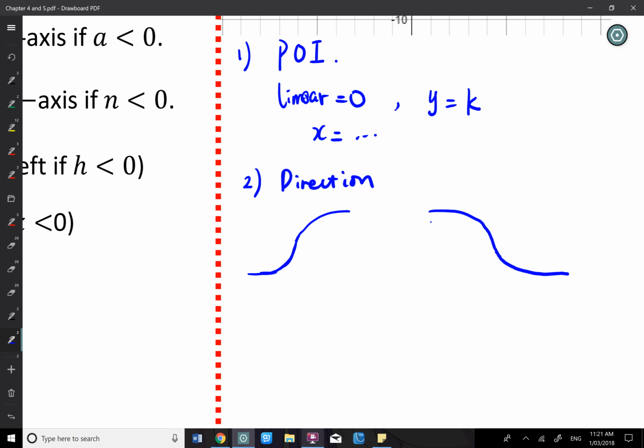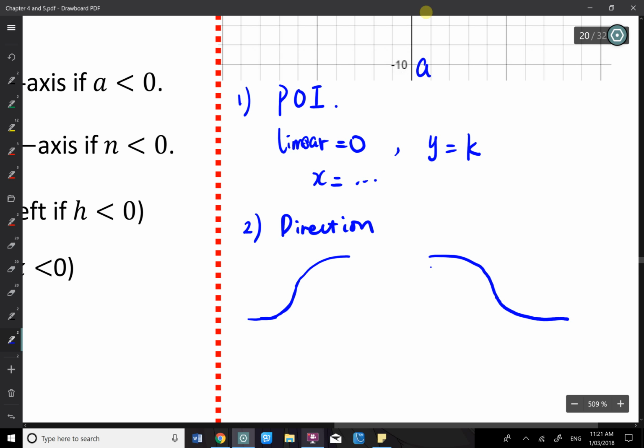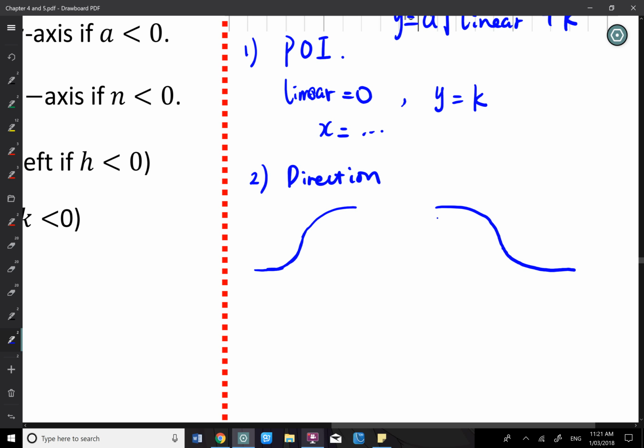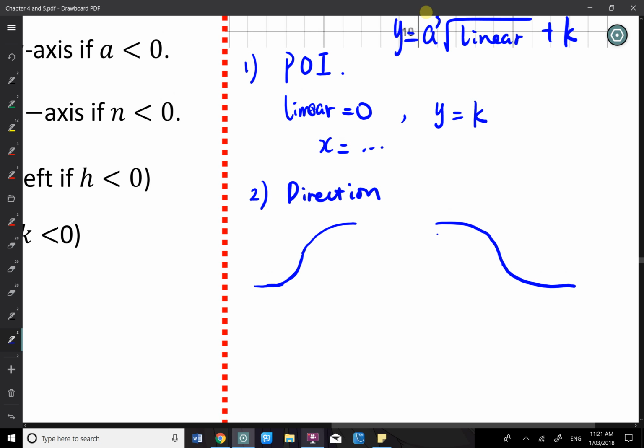Okay, just listen carefully here. There's only 2 directions. But like you have an a value and a k value, right? Don't forget y equals a cube root of a linear expression plus a k value. So we still look at the number in front of x.